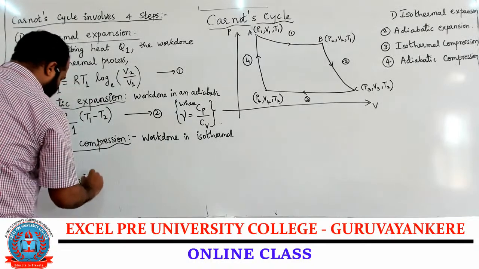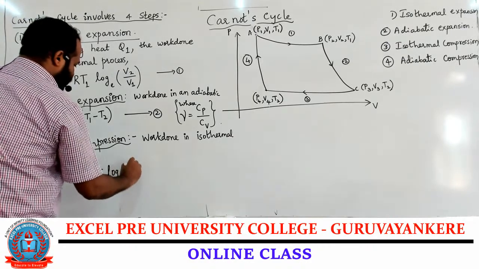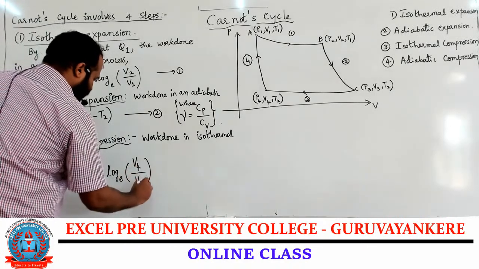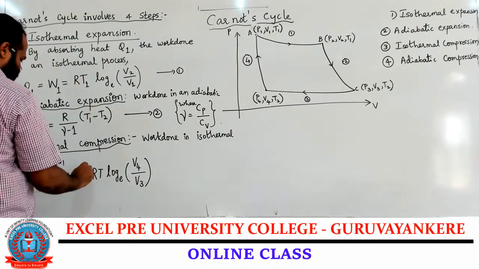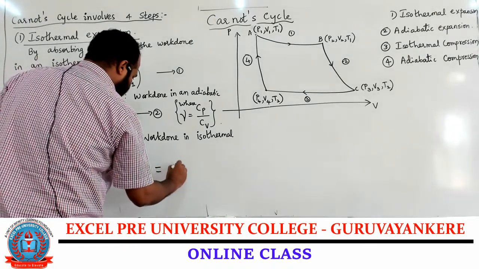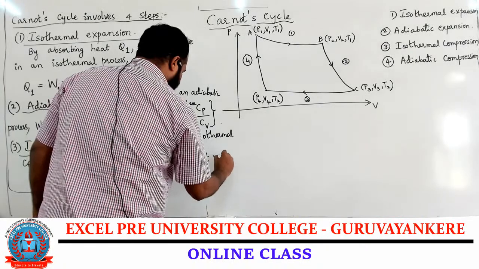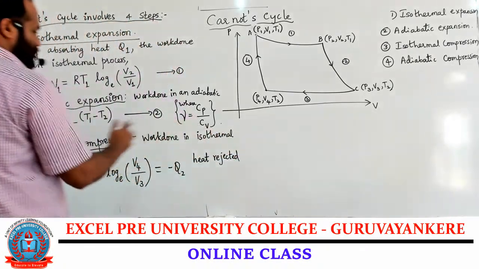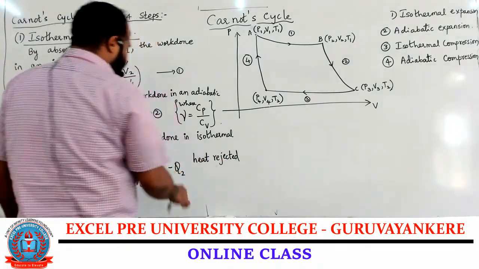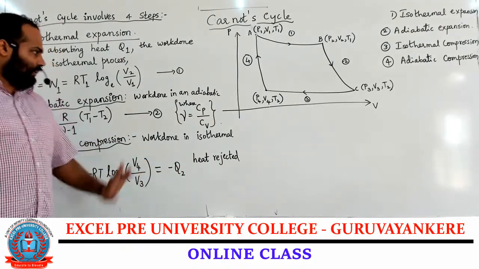So W3 is RT log to the base e, final volume is V4 by V3, but compression no. So it is minus RT and this is equal to minus Q2, that is heat rejected. So when gas is compressed, its heat will be rejected out to the sink, where Q2 is the heat rejected. Negative sign indicates it is the amount of heat rejected to the sink.